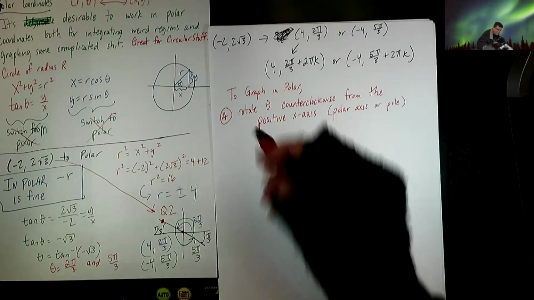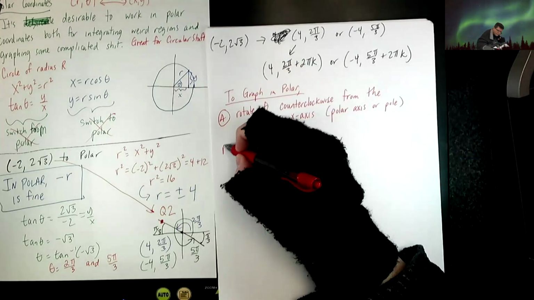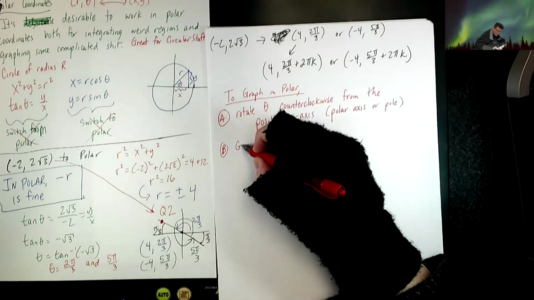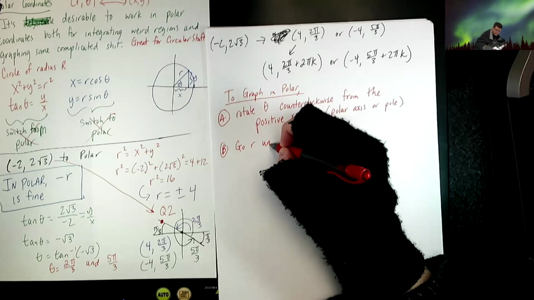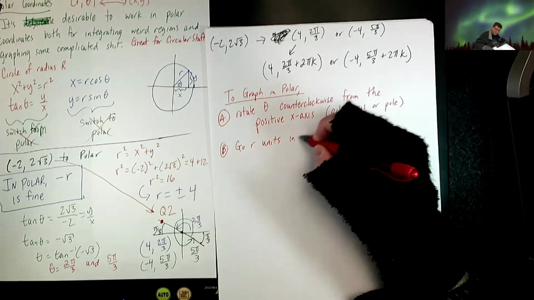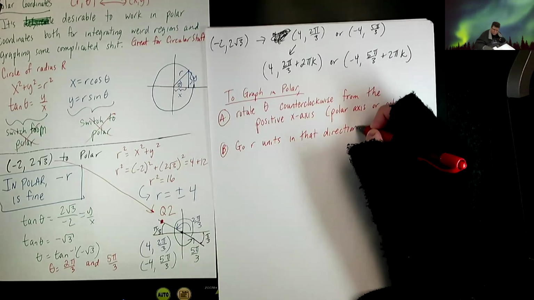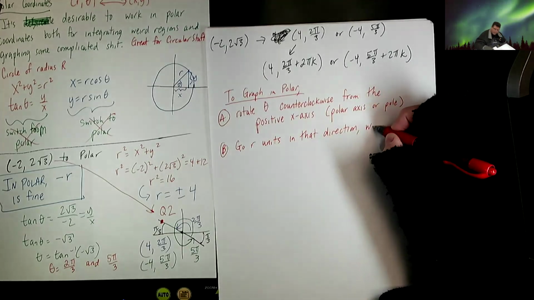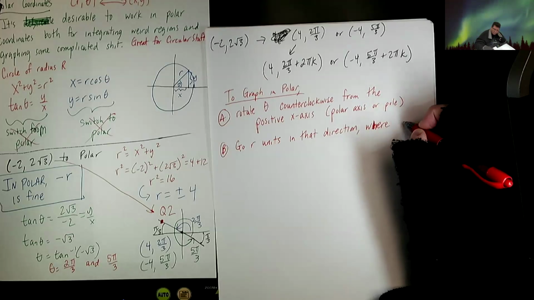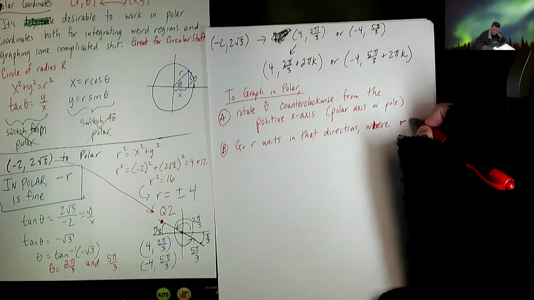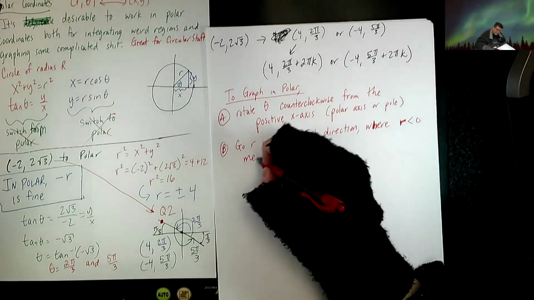And then B, go r units in that direction. Where r is less than 0 means go in the opposite direction.